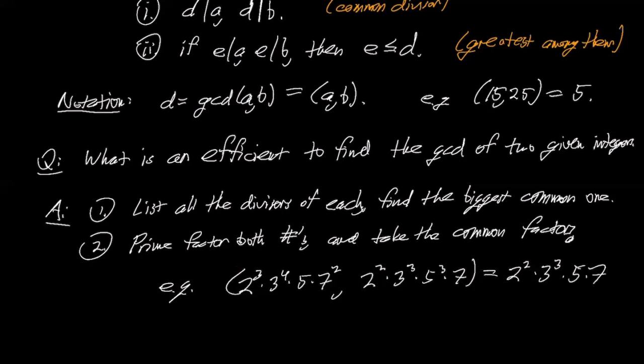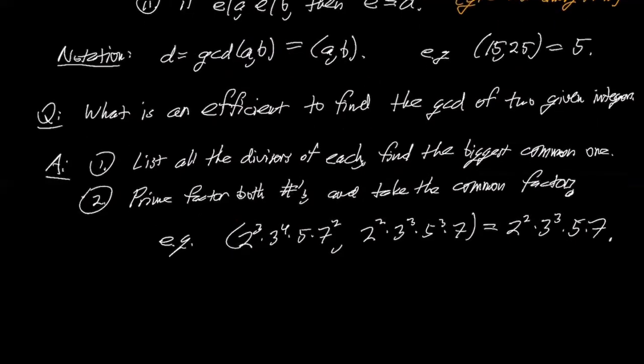I don't care if these numbers are equal. I'm just trying to illustrate the point, that you're just basically taking as many primes as you can that fit in both. So, okay. But again, these could take a long time, especially in cryptography, where you're going to have a number that's like a 200-digit number that factors into 200-digit primes.